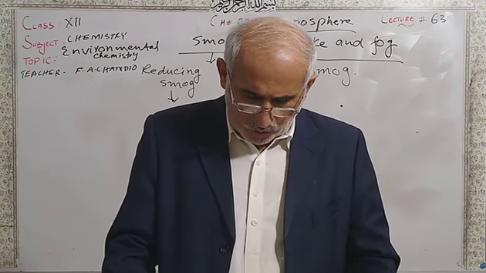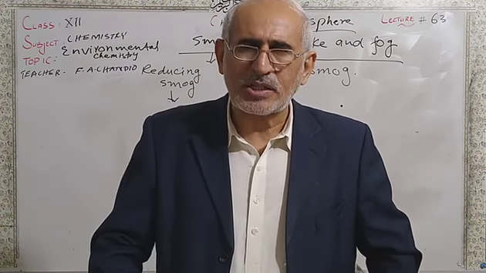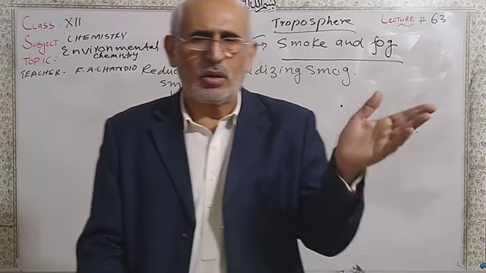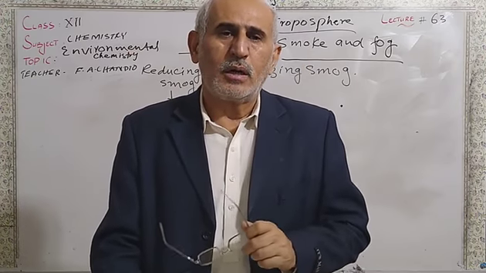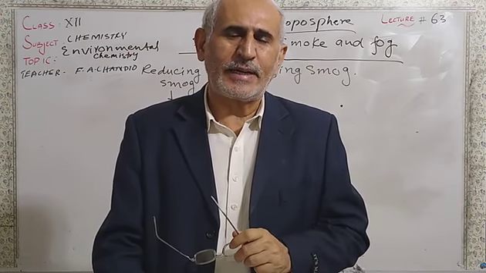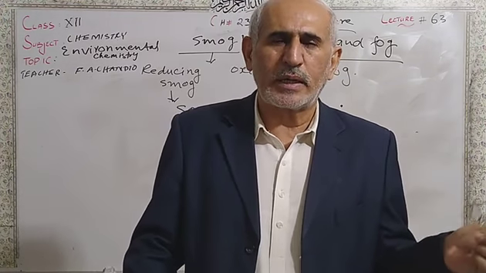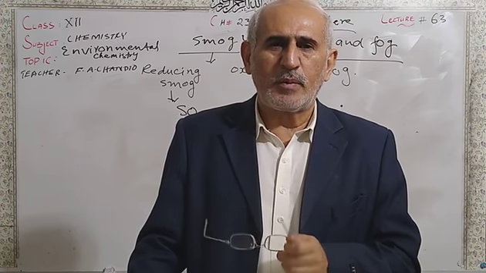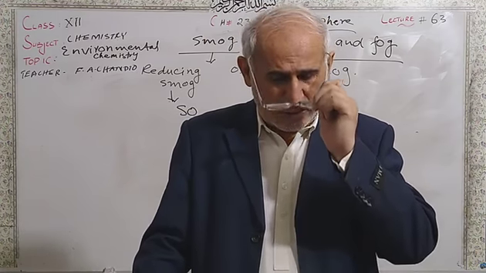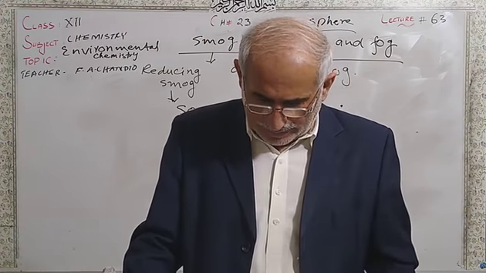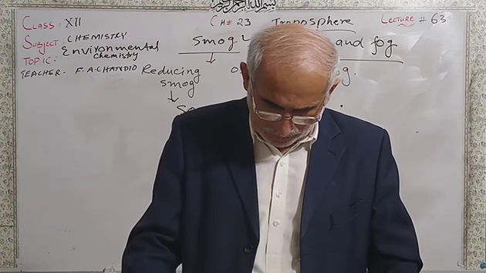It can combine with fog to create industrial smog. You are also hearing on different television channels that there is smog in Lahore, smog in Karachi, smog in Faisalabad city, because of smoke and fog.